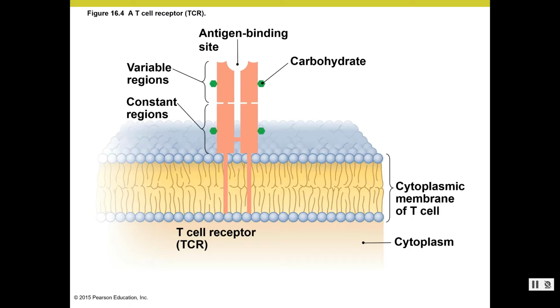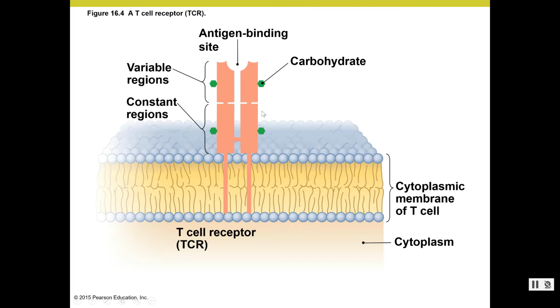Remember, we defined antigen. We watched that video. Antigen's a protein that's on the pathogen. The epitope is the specific amino acids, the little specific area that binds, and it's going to fit right here against this T cell receptor. Now, there's going to be some regions that are the same for all T cell receptors, and this one T cell is going to have a lot of these T cell receptors, and they will all be identical on this one cell.